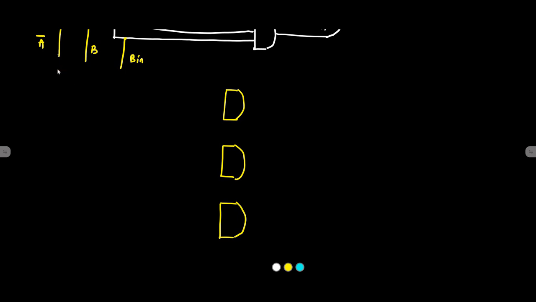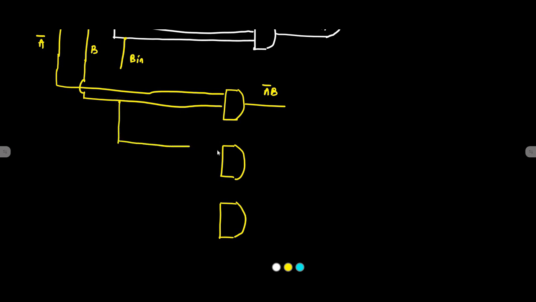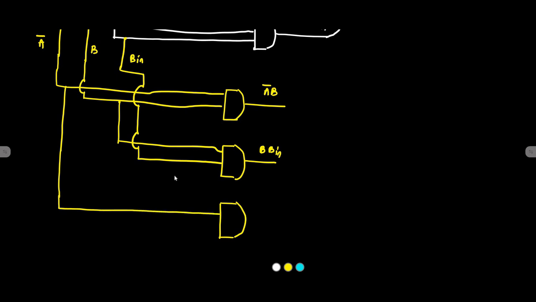So A bar, B, then B, B in, then A bar, B in.